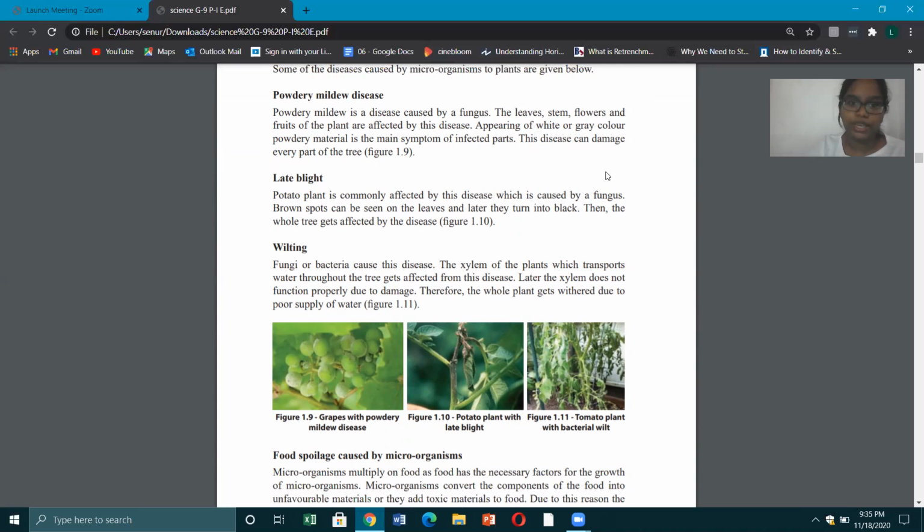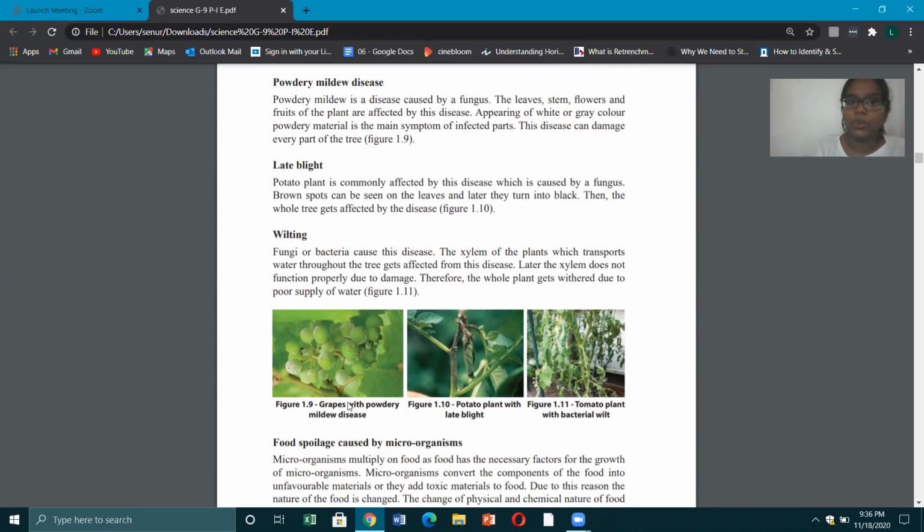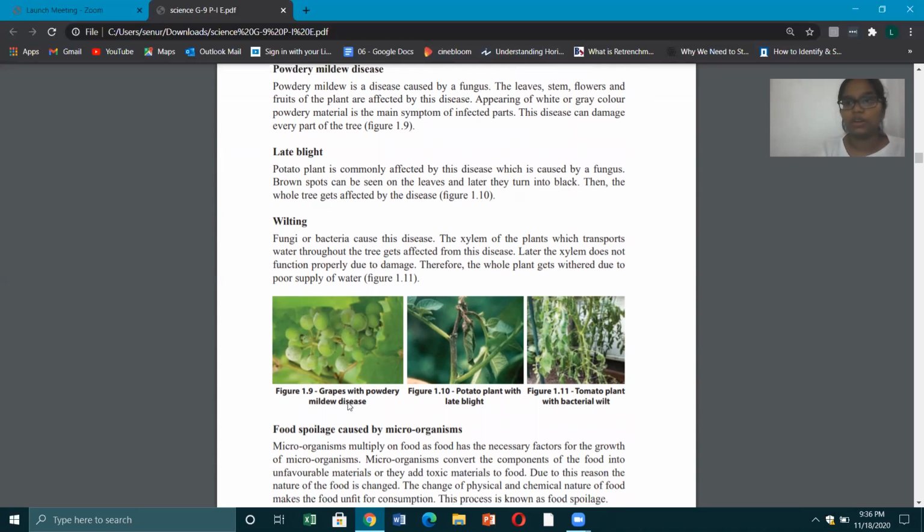So figure 1.9 shows grapes. What happens is there could be a white or gray powdery material. So that is the main symptom, and this could also damage the whole plant if it gets spread. So this has been caused by a fungus.